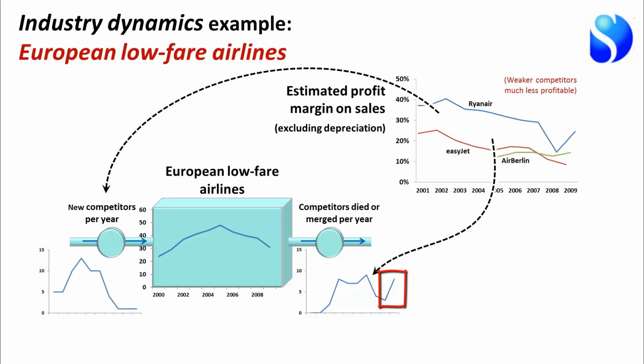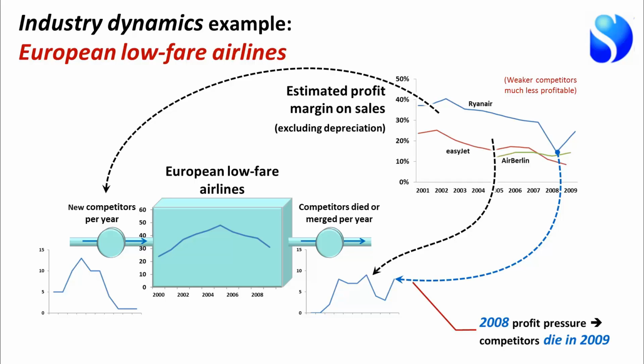And it's probably not a coincidence that that happened just 1 year after that sharp fall in profitability at Ryanair. In previous classes in this course, we've looked at what Ryanair was doing with its fares, and a substantial reason for that drop in profitability in 2008 for Ryanair was a substantial cut in fares.